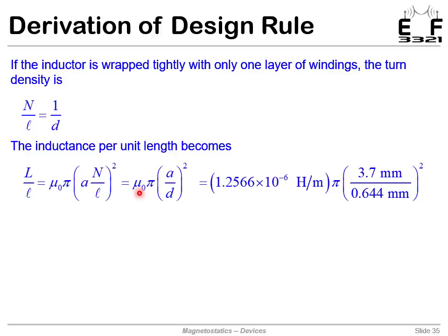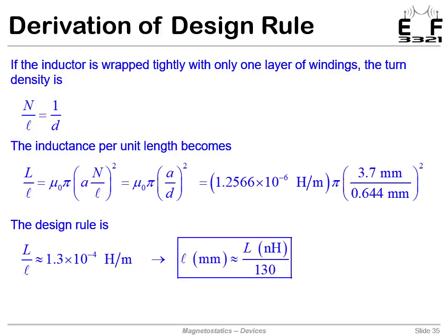We know the value for the free space permeability. Of course, we know the value of pi. And then we have this ratio A over D squared. Well, A is the radius of the McDonald's straw. D is the diameter of our magnet wire. And when we run the numbers, we get a distributed inductance of 1.3 times 10 to the minus 4 henries per meter. And this really is our design rule, but there's a better way to express that.